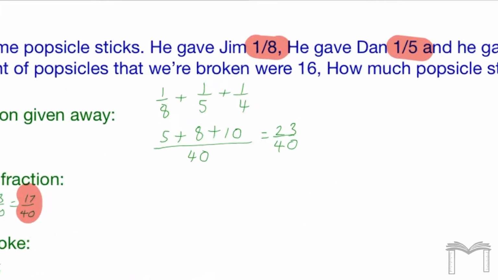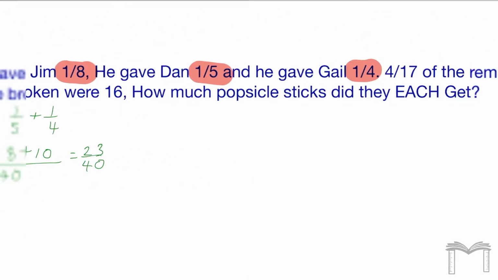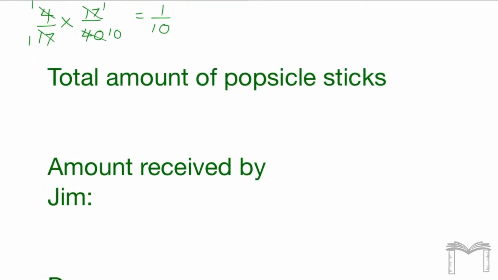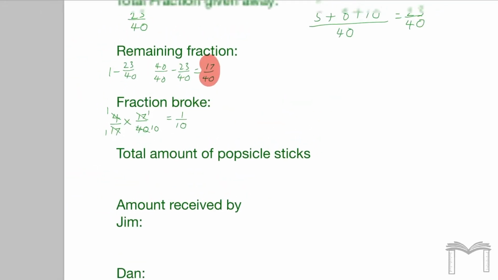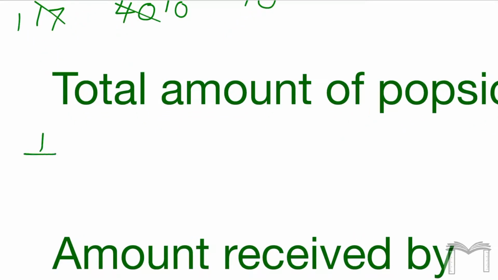If the amount of popsicles that were broken was 16, how many popsicle sticks did they each get? Okay, so reminder, when we have a fraction that is equal to an amount, which we do have, the fraction that was broken is 1/10, and they told us that this is 16.